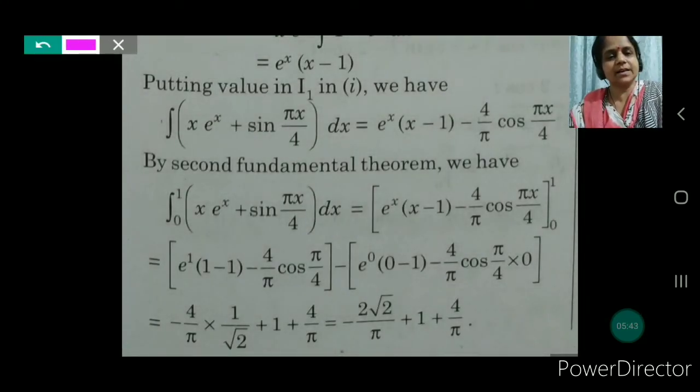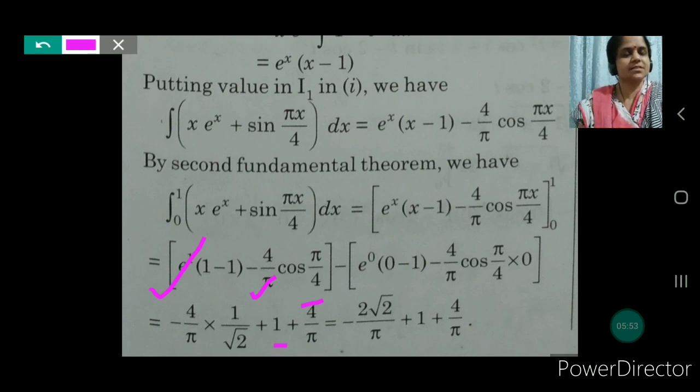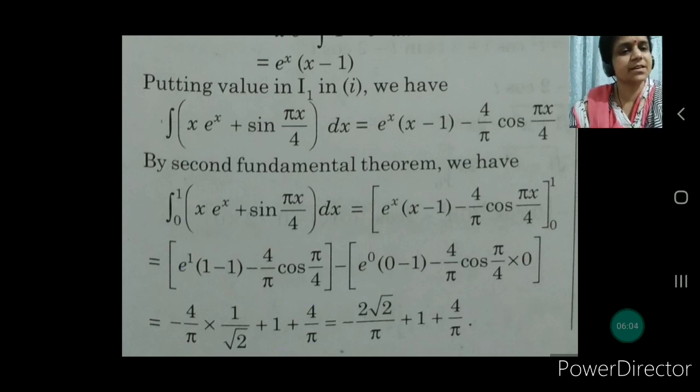So you will get here minus 4 by pi into 1 by root 2 plus 1 plus 4 by pi. Okay, so finally the answer is minus 2 root 2 by pi plus 1 plus 4 by pi. Okay, now this exercise ends here.